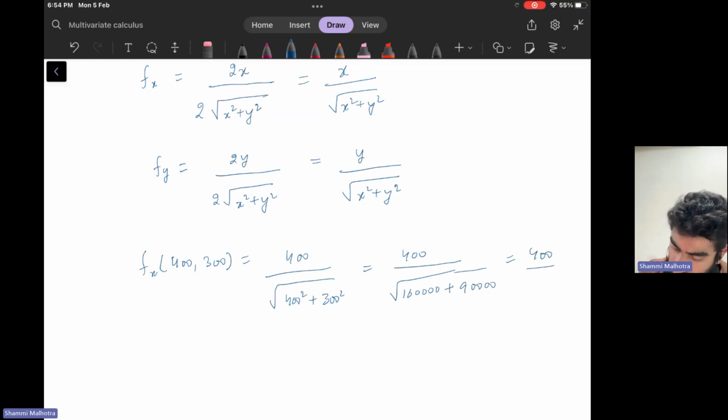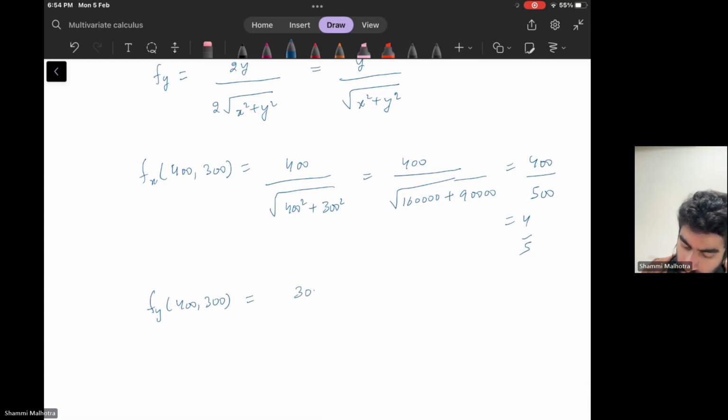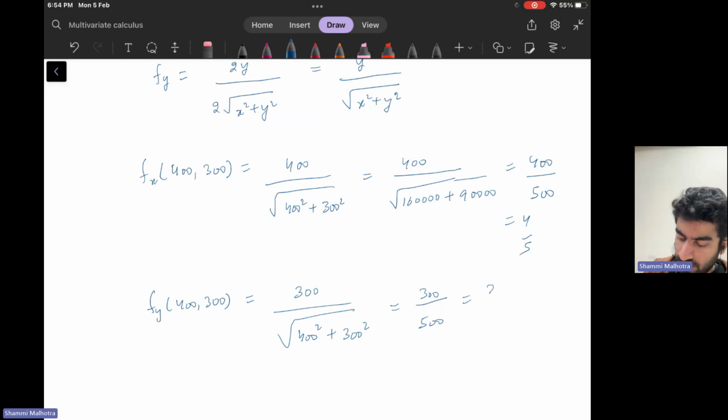So this would be just 400 by 500, which is nothing but 4 by 5. Similarly, f_y at 400, 300 would be 300 divided by, again, the same expression in the denominator, which turns out to be 500. So this is 3 by 5.